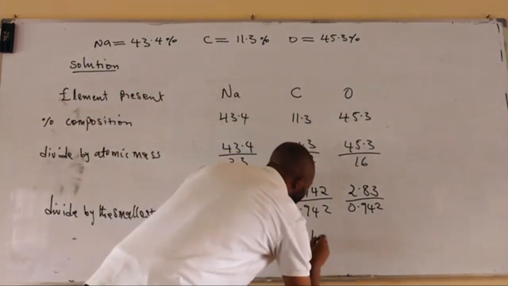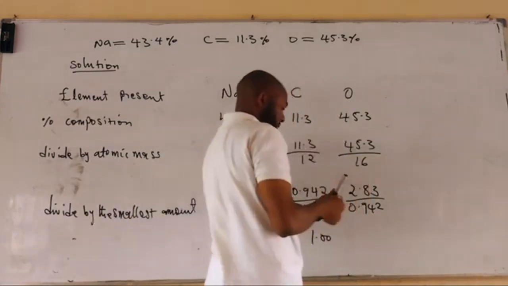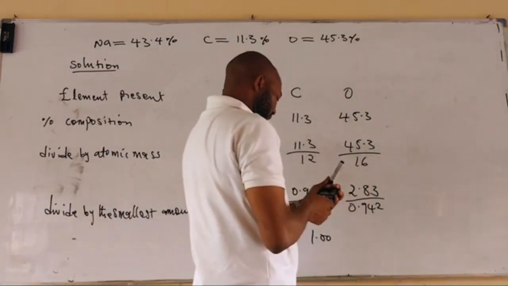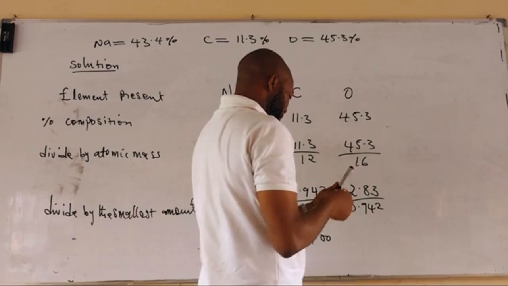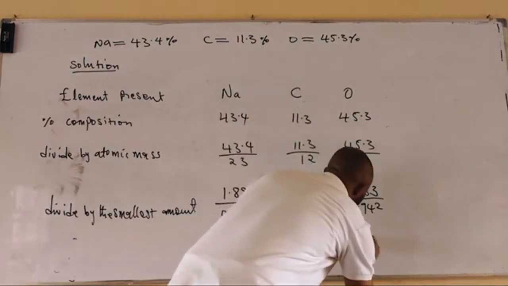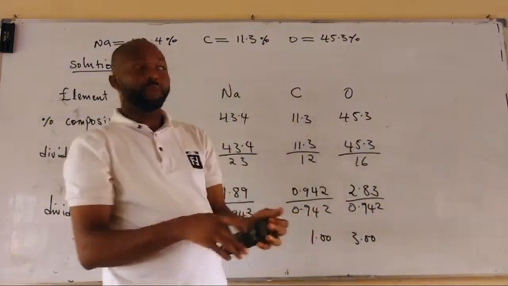Here is 1.00. And here 2.83 divided by 0.942 is 3.00. So this is the ratio in which they appear.